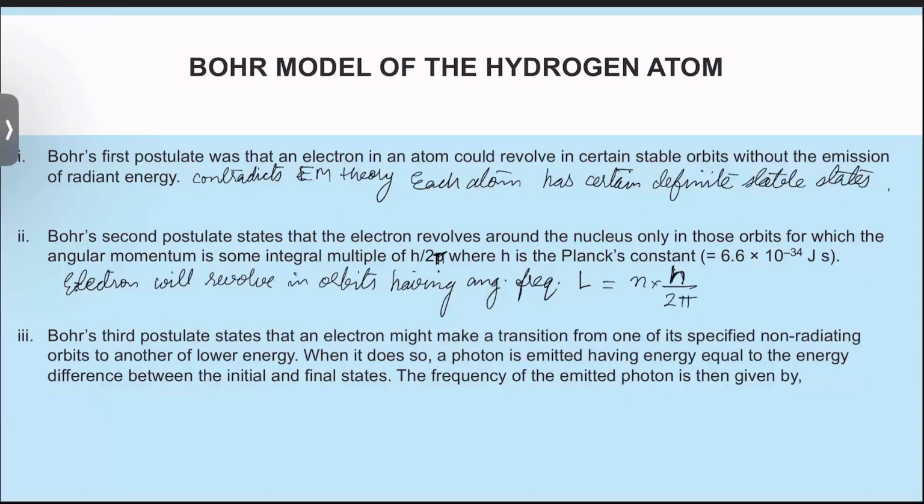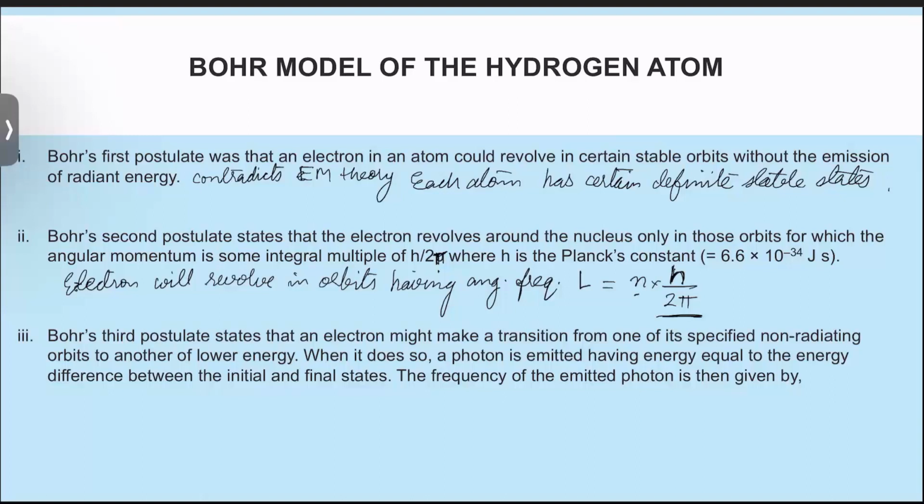Here h is equal to 6.6 into 10 raised to minus 34 joule second, the Planck's constant. So we can say that the atom will be stable only when electrons in the atom are revolving in orbits which are considered stable only when they have an angular momentum that is an integral multiple of this factor. This is Bohr's second postulate.